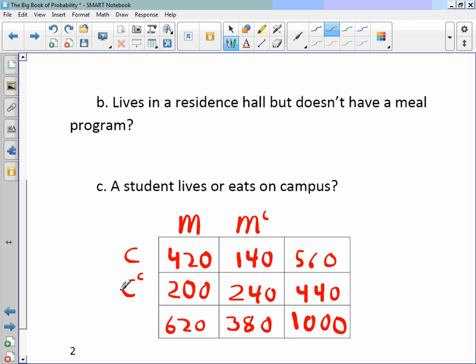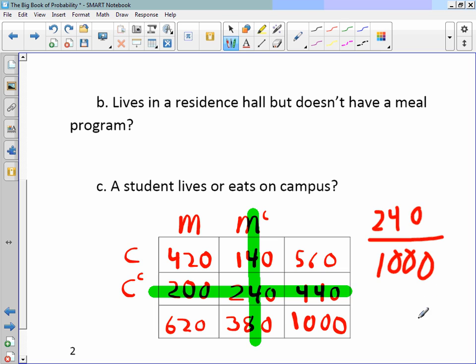People who don't have a meal program and don't live on campus. Where do they meet? Well, that is 240, right? And statement is 240 all over 1,000, which is 24%.